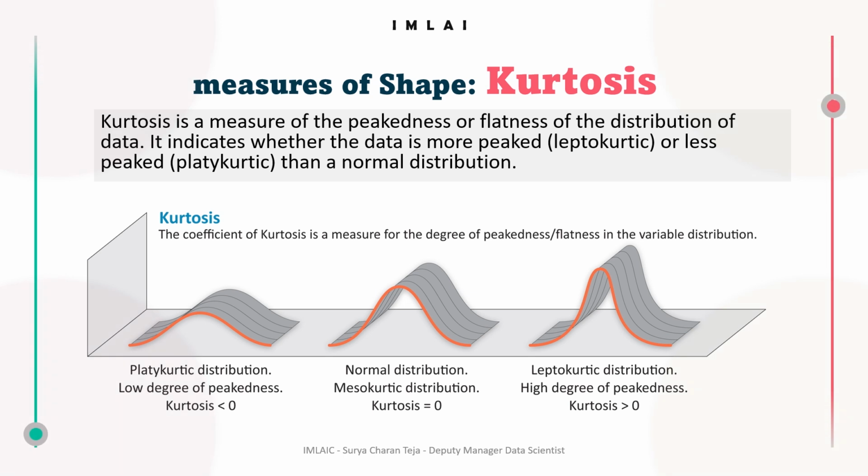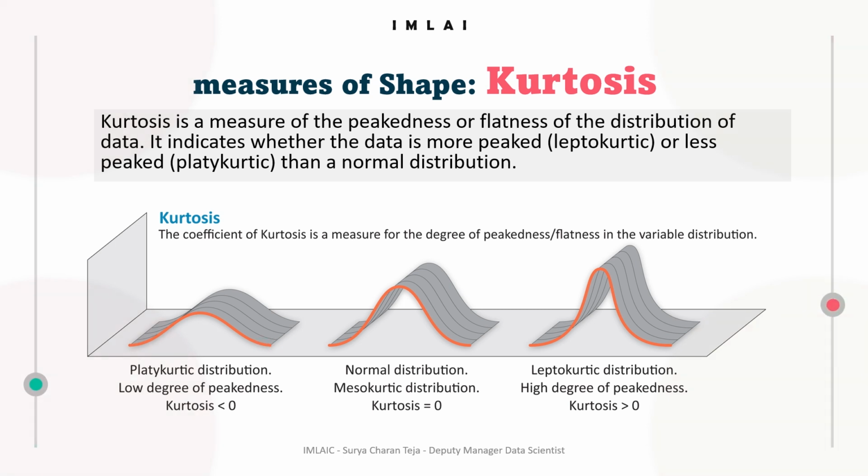Now, if kurtosis is less than zero, the distribution is platykurtic, or less peaked compared to a normal distribution that you can see on the screen.